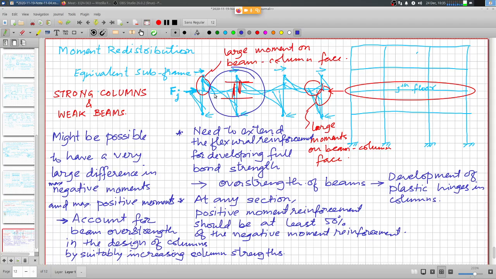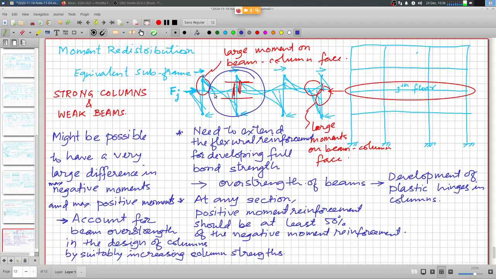After you design the beams, you need to again calculate the moment capacities of the reinforcement that has actually been provided in the beam, and accordingly make the column capacities about 20% higher than that.